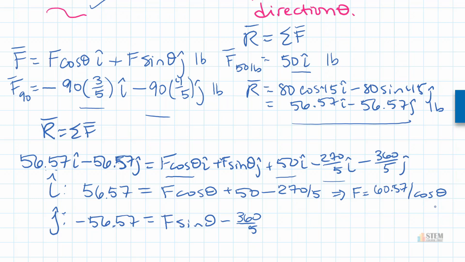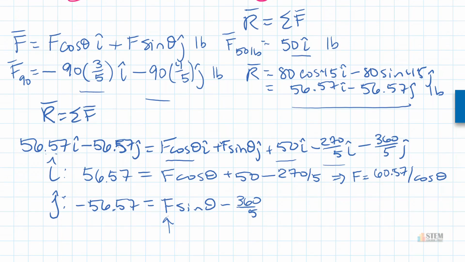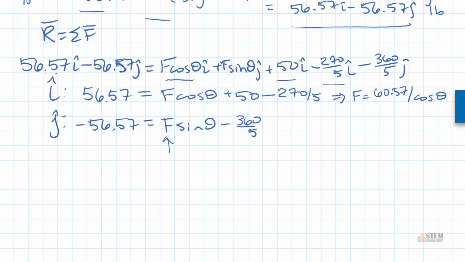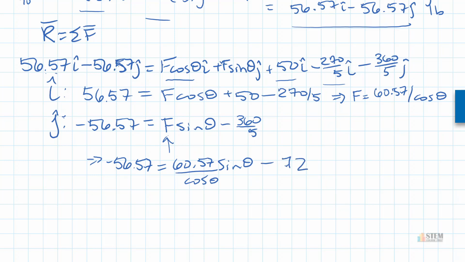Now we're going to take this and plug it in right here, and that's going to give me that tangent function. So we get negative 56.57 equals 60.57 over cosine theta times sine theta minus 72.